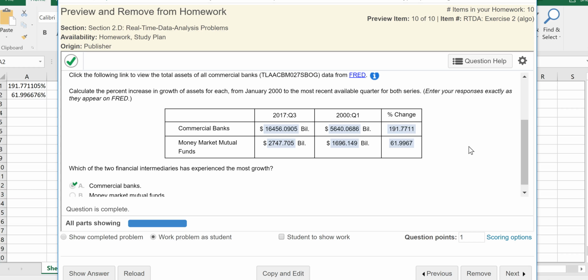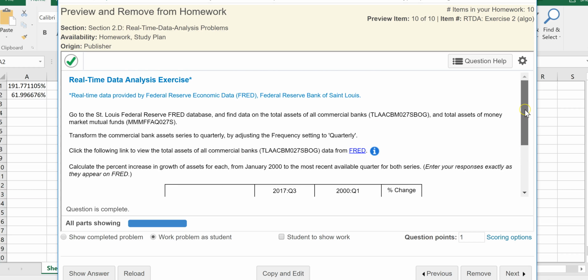One is in billions of dollars, another one is in millions of dollars. But the question requires us to put both in billions of dollars. So for one, we can directly copy the numbers, but for the other, we need to convert it into billions first, and then put the converted number into the box. So that's the major purpose of this video.